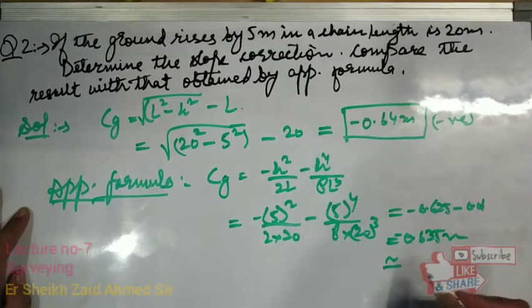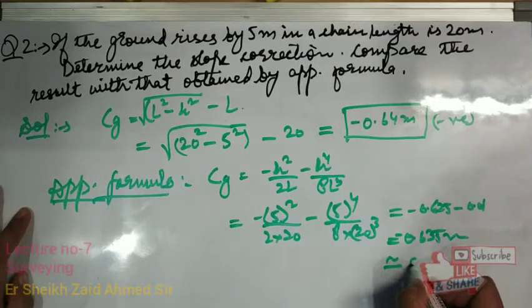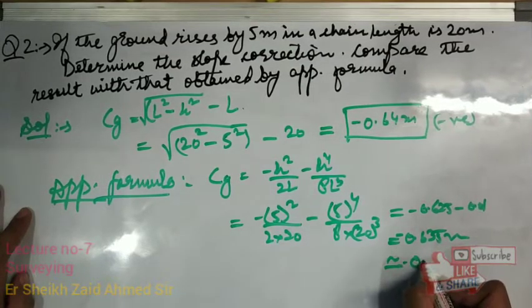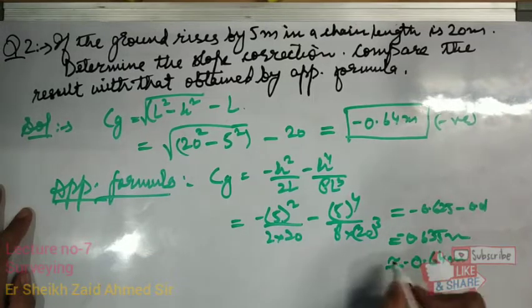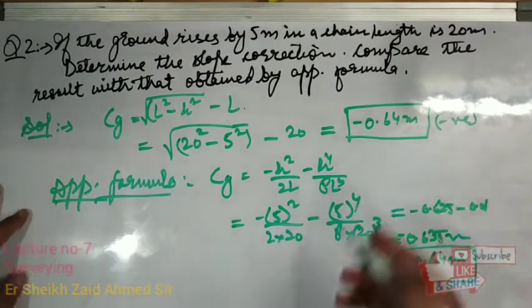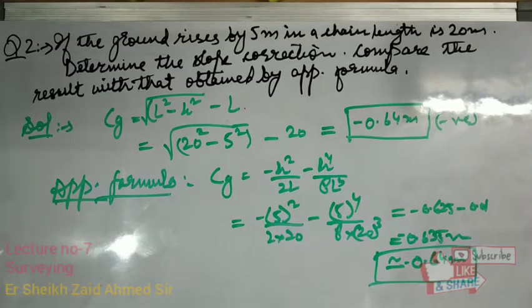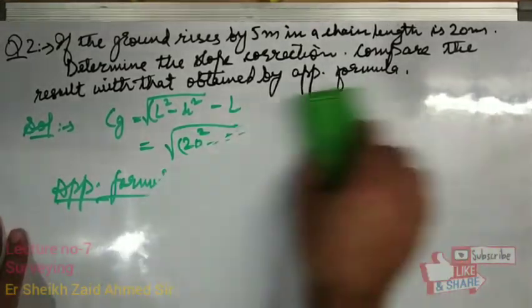So we can say it to be equal to minus 0.64 meter. So we can see that from both the formulas the correction comes to be same. So this was all about the numerical on slope correction.